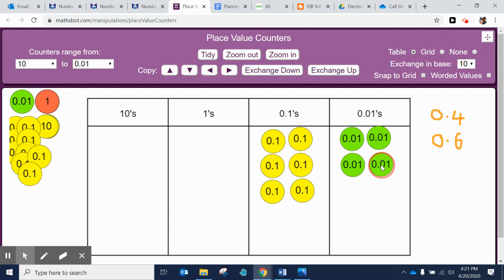How would you say this number? This would now be 0.64 because I've got 6 tenths and I've got 4 hundredths. I still don't have a whole one.